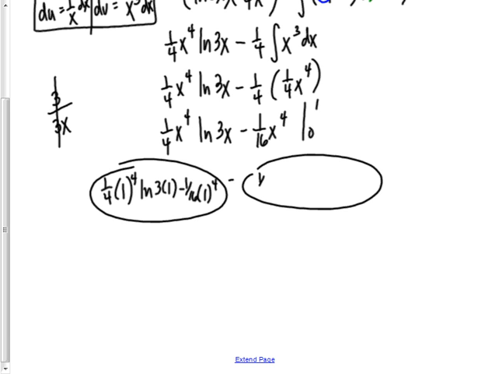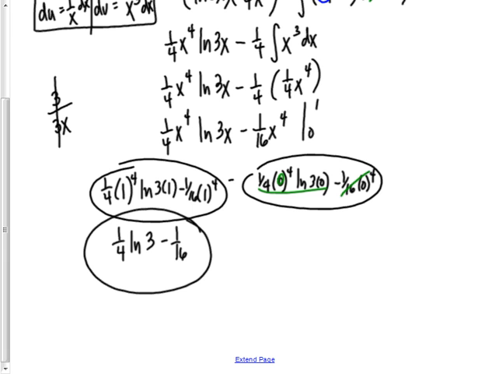And here, 1/4 times 0 to the 4th times the natural log of 3 times 0 minus 1/16 times 0 to the 4th. But multiplying this whole thing by 0 makes that go away and that go away. So that's just 0. So this would just be 1/4 the natural log of 3 minus 1/16. And if it didn't want that answer, just plug it in your calculator and see what that is. Alright, so go practice some homework.